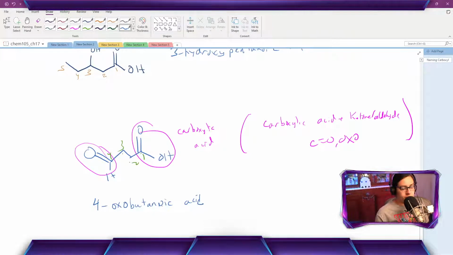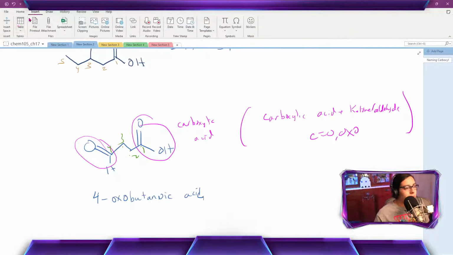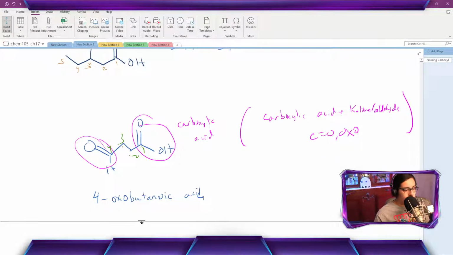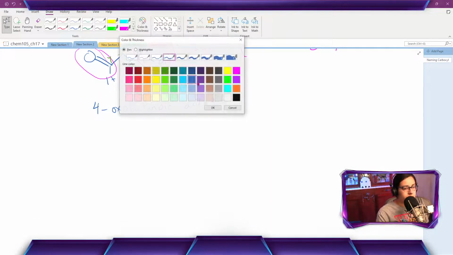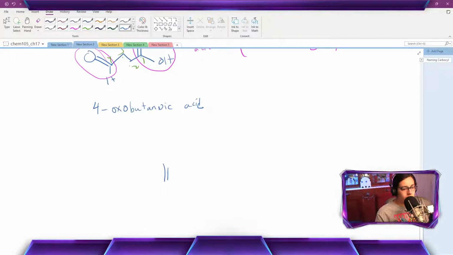You can see I almost lost that O there, but and so just to practice. So pretty similar.